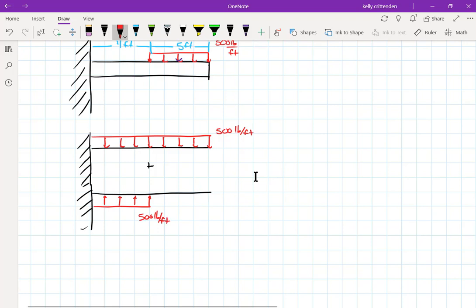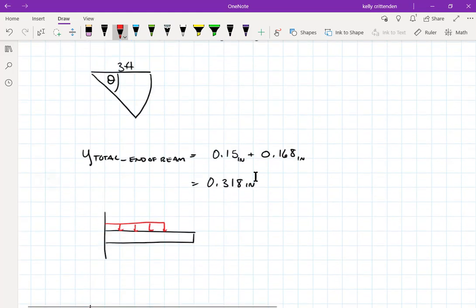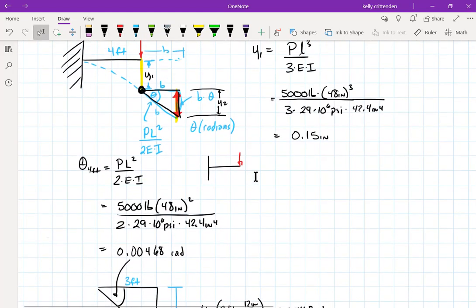So now for the 4 foot section from the wall to where my original distributed load started, I've got a 500 pound distributed load pushing down on that section, and in my second thing I drew, a 500 pounds per foot distributed load pushing up on that section. So those would cancel each other out.